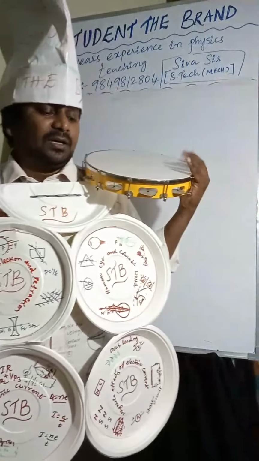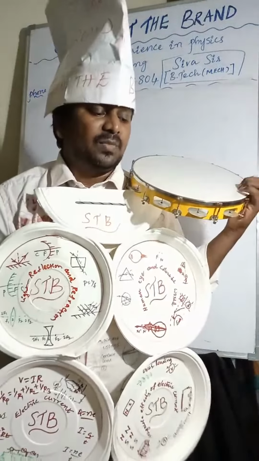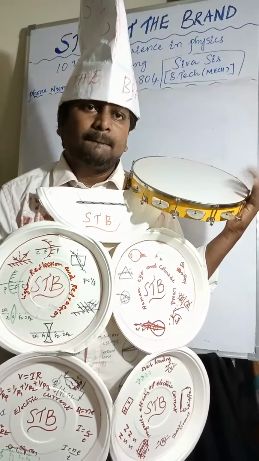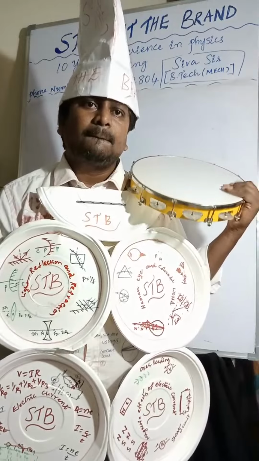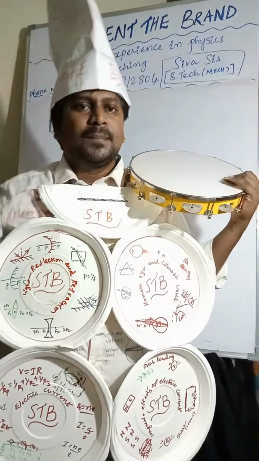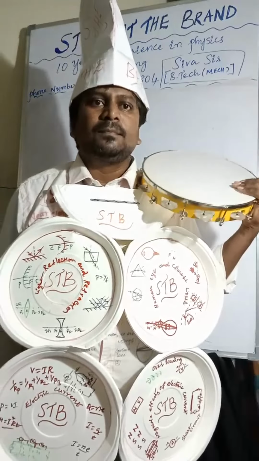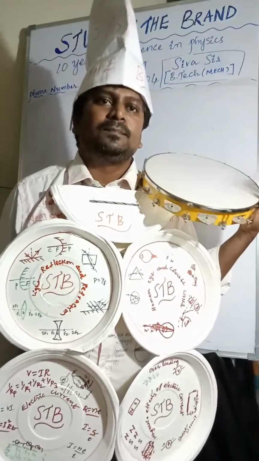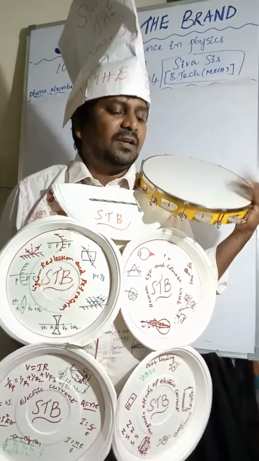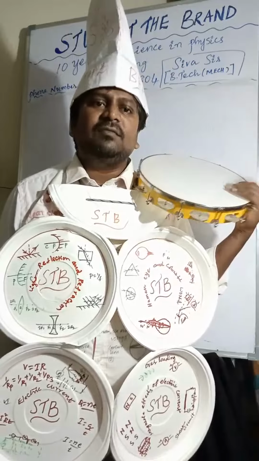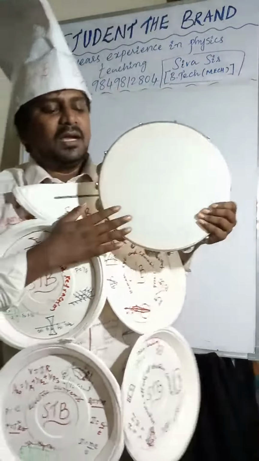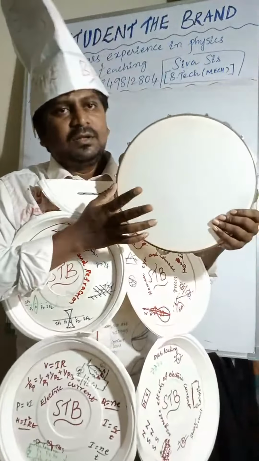Okay, so next we are going to discuss the new Cartesian sign convention. All distances are measured from the pole.